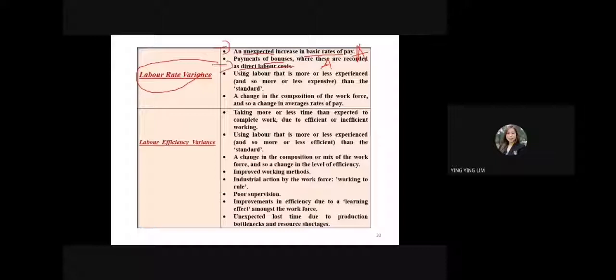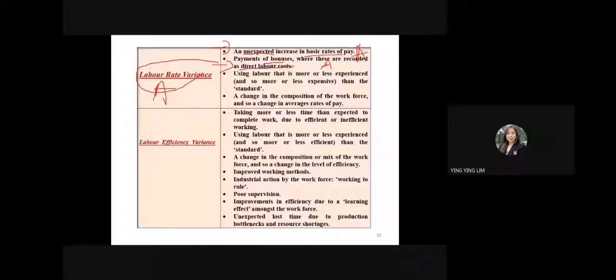Or I can talk about using labor with either more or less experience than the standard. If my labor rate is adverse, meaning in actual I'm paying more for labor, why? Maybe the company hired a more experienced or more skilled worker, and rational thinking, you have to pay higher wages.